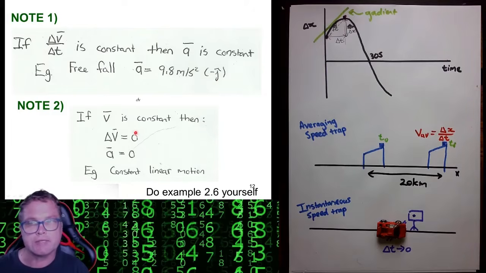A second note is if the velocity is constant, then the change in velocity is 0. It's easy to understand that if something's constant, then it's not changing, so the change is 0. If the velocity isn't changing, then it means that the acceleration is 0. An example of this is constant linear motion.